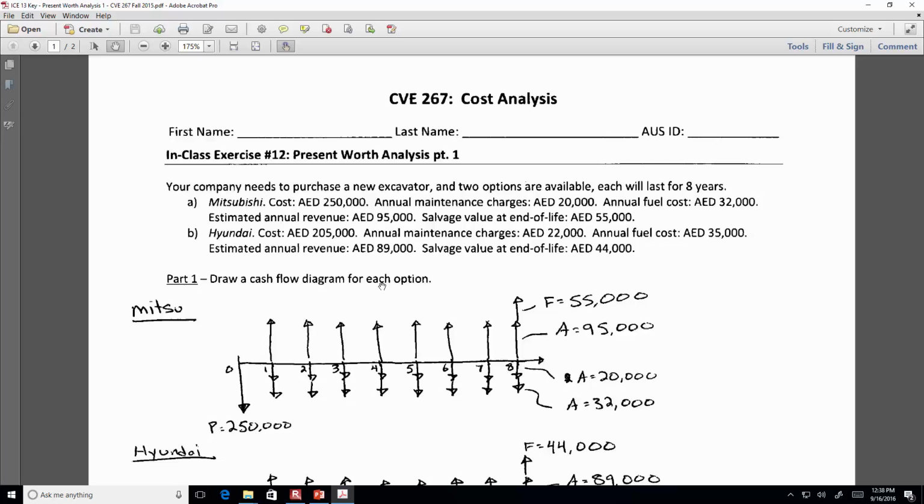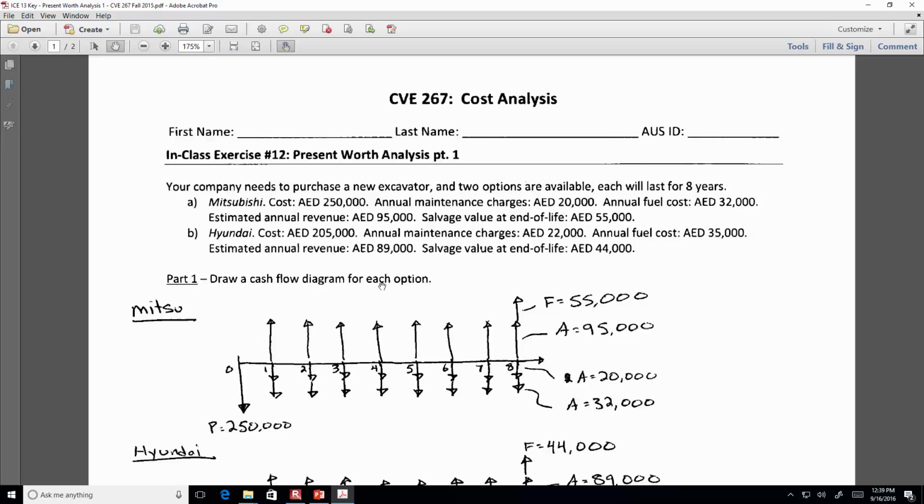Cheaper to maintain. All right, so let's compare the maintenance costs. The Hyundai's $22,000, the Mitsubishi's $20,000. So you have a higher recurring cost with the so-called cheaper alternative. And then the resale value, yep, the salvage of the Mitsubishi is higher than the salvage of the Hyundai. How is the salvage of the 05? $100?